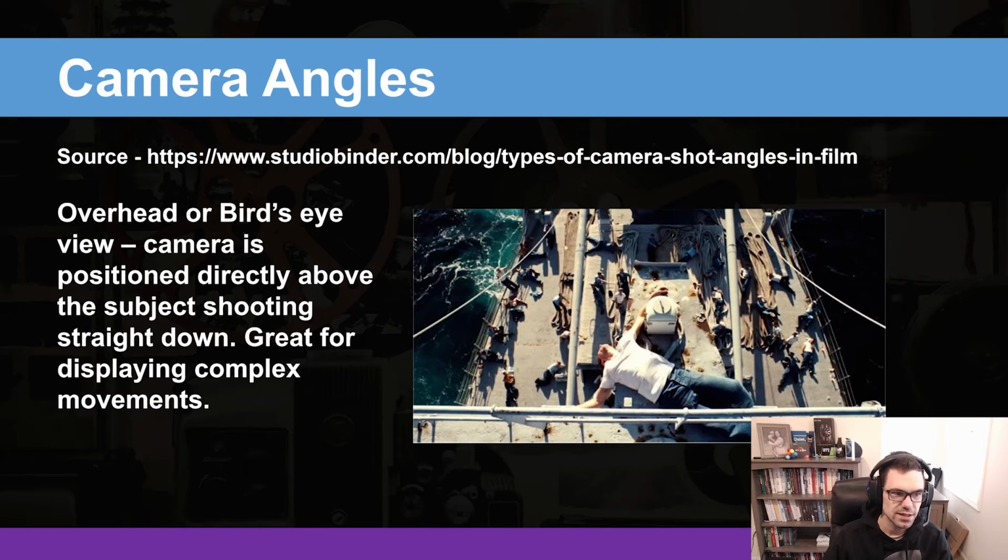That being said, the overhead or bird's eye view, and that is the camera is positioned directly above the subject, shooting straight down. This is great for displaying complex movements. It's also good for getting an overhead shot. You can do this for many different things. Not only could you do it in cinema, but you could also do it for product photography.